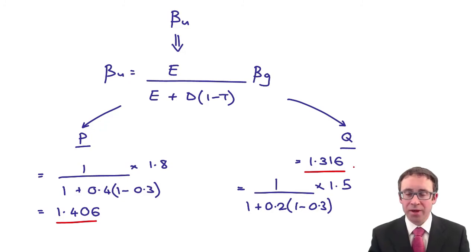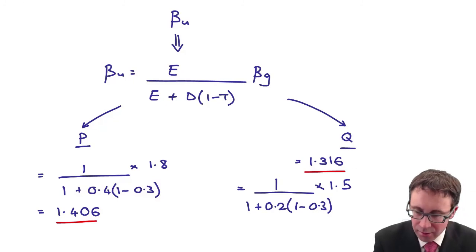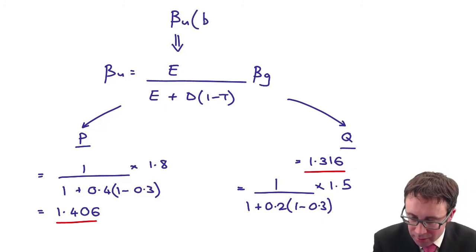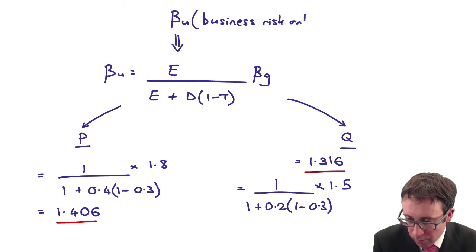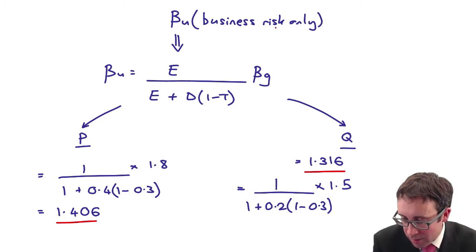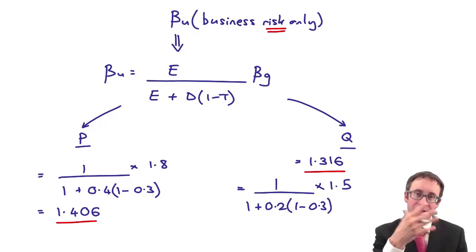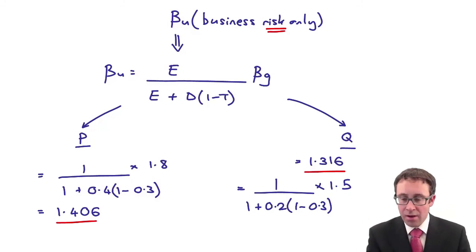So to answer the question, we have calculated the ungeared beta. Remember, that reflects the business risk only, because we have removed any impact of the debt. We're just looking at the equity element, as if we are ungeared.